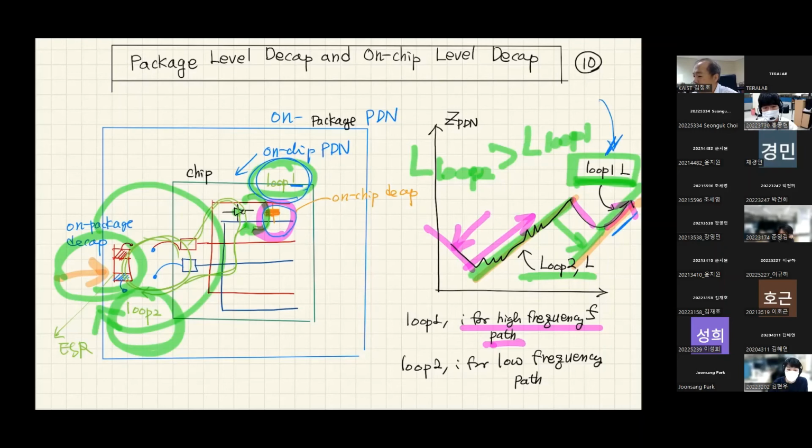You have to put these on-chip decoupling capacitors as close as possible. And if you want to reduce the off-chip, on-package inductance, you have to reduce the ESL of off-chip decoupling capacitors, and you have to put them as close as possible to the chip, and you have to increase the interconnection number as much as possible. That is how we can reduce the inductance.